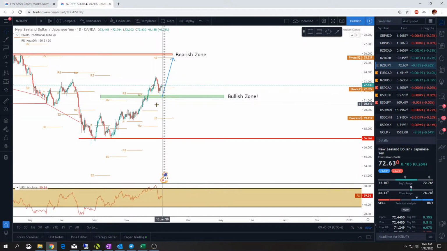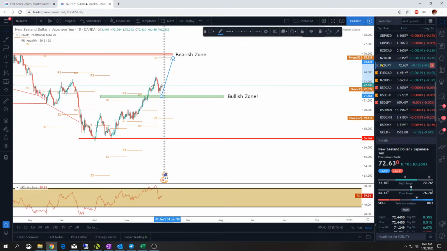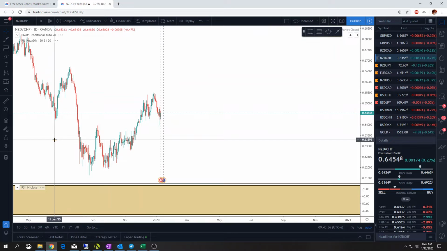So just be cautious of it. Here on the open, because of the non-favorable non-farm payroll news of the dollar, we need to see on the open, first couple hours, maybe the first 8 hours through the Asian market, to see what's going to happen with that yen. New Zealand dollar, Swiss franc.